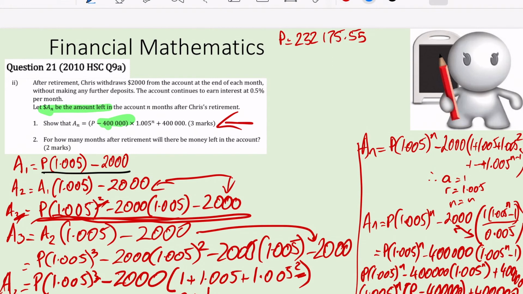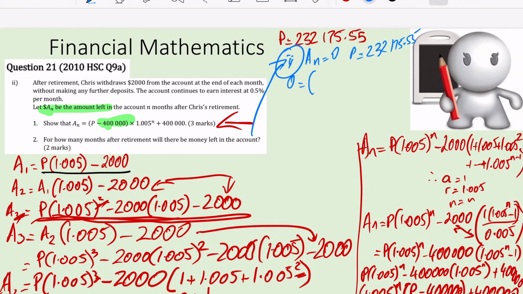Now for the last bit, part 2. For how many months after retirement will there be money in the bank? So what we're going to do is substitute the amount equal to 0, and P equal to 232,175 and 55 cents.